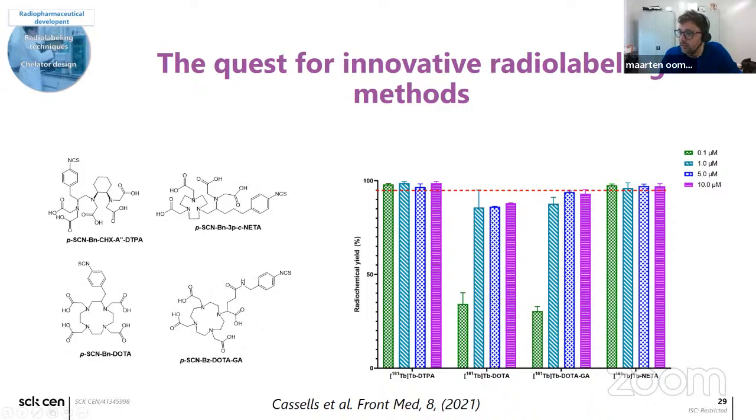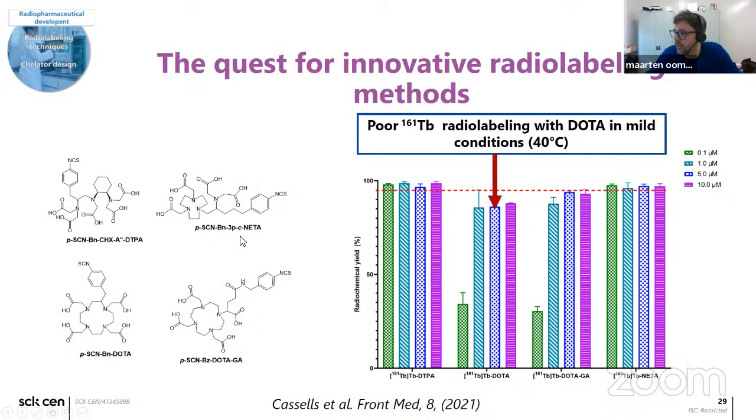And some others we synthesized ourselves. And what we see is we did some radiolabeling tests where we tried to radiolabel with different molar activities at 40 degrees, which is a cutoff where most biomolecules still can live. But if you go a lot higher, some biomolecules might get in trouble.